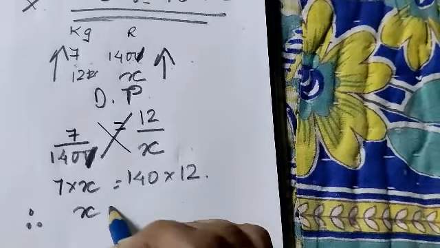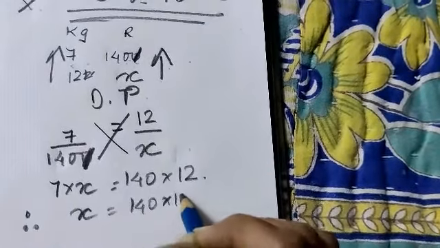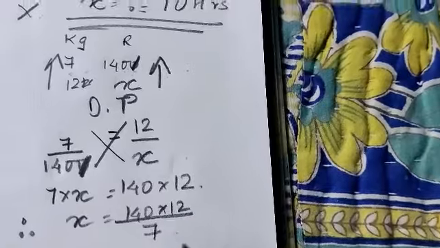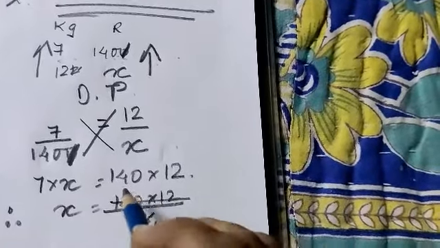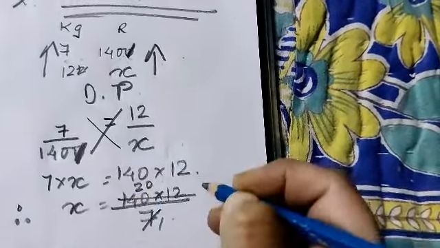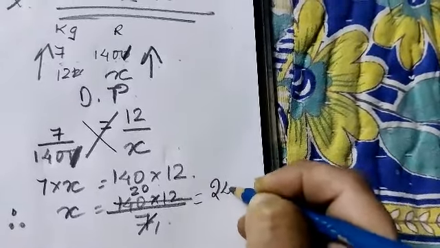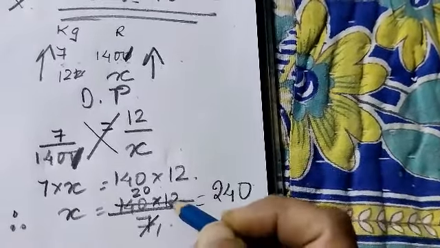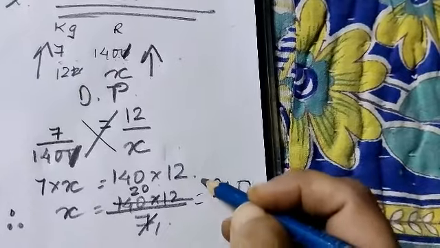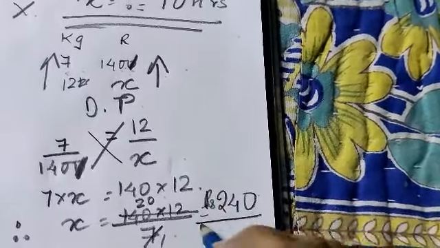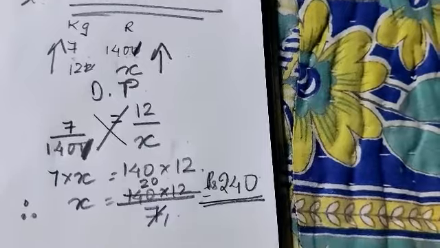Therefore x is equal to 140 into 12 upon 7. 7 ones are 7, 7 twos are 14, and this is 240. 12 twos are 24, yes, 240 rupees, 240 for 12 kg onions.